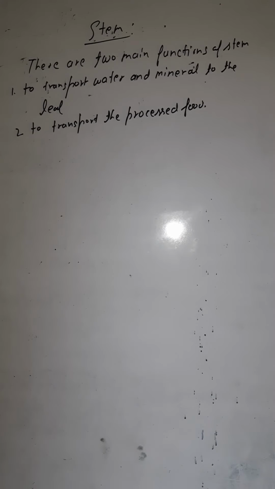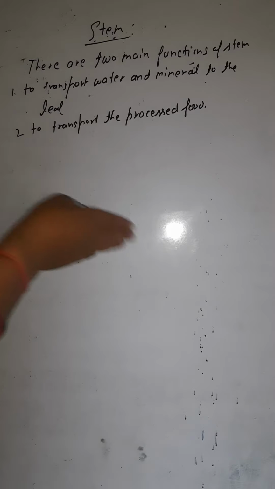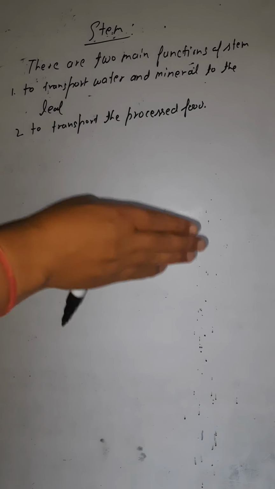Now, these two functions are carried out by the two main vessels in the stem. For transportation of water we have one vessel, and for transportation of the processed food we have a different vessel. So there are two different vessels for these two different functions.